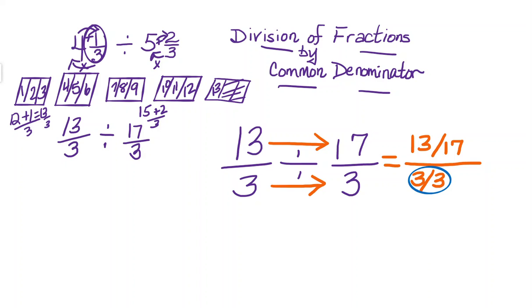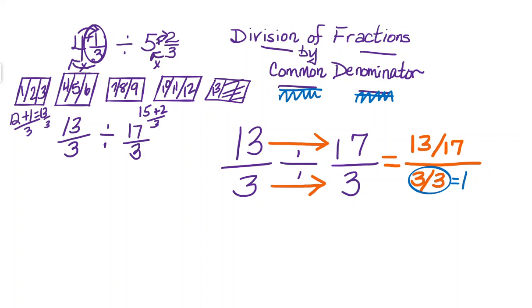And if you have common denominator, when you do this complex fraction, your denominator is always going to be the same thing over the same thing. In this case, it's 3 over 3. It could be 12 over 12 or 27 over 27. It doesn't really matter because that equals 1. And it's always going to come out to be equal to 1.